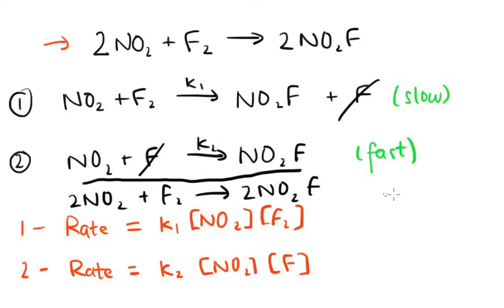Now, the thing with reaction intermediates, which is what this fluorine radical is, it ultimately cannot be in a rate law. So if a rate law has a reaction intermediate like this fluorine radical, it has to be defined in other active species.